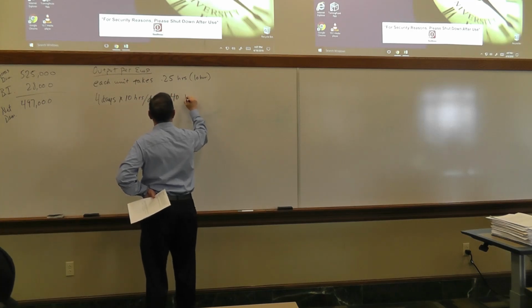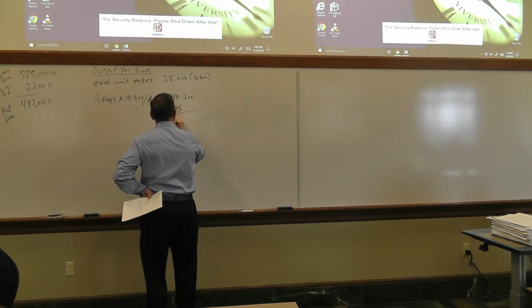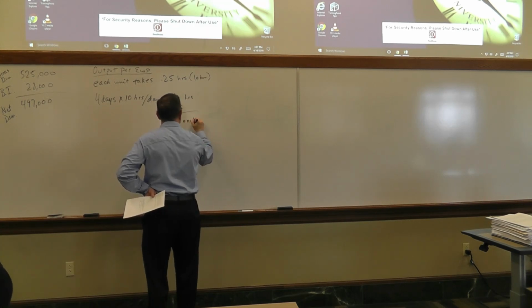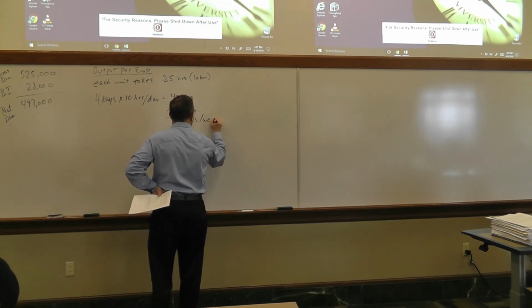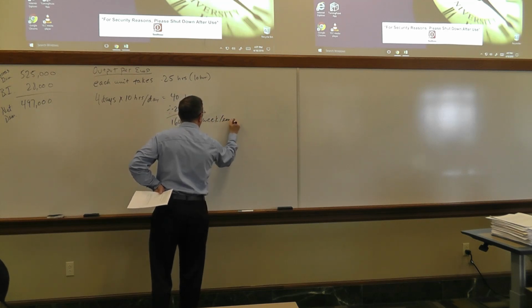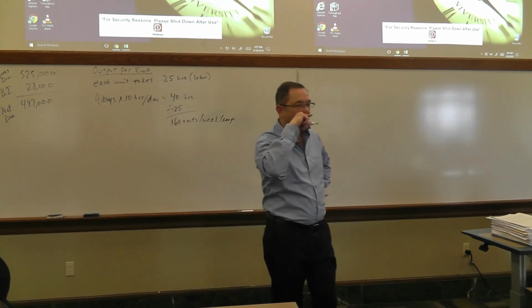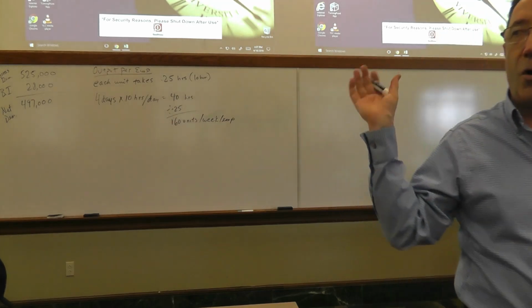Okay, so 40 hours a week divided by 0.25 equals 160 units per week per employee. But we're on a level plan, so we want to know what one employee is going to give me for the whole year.